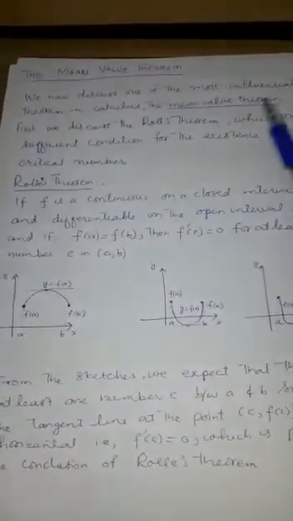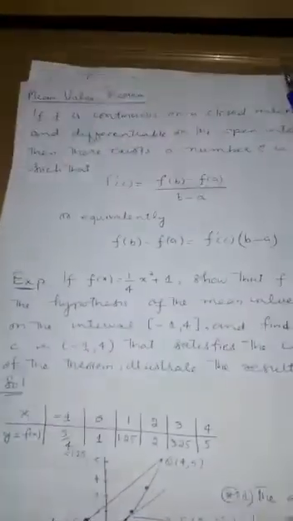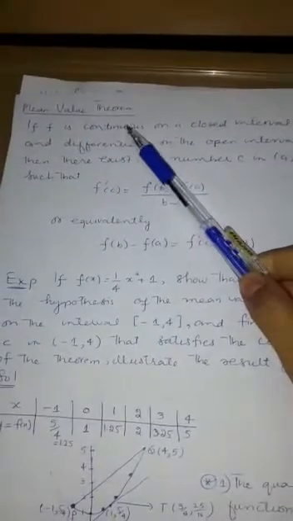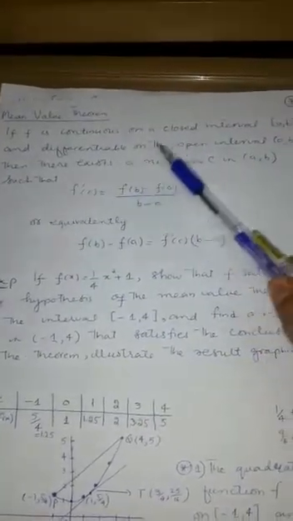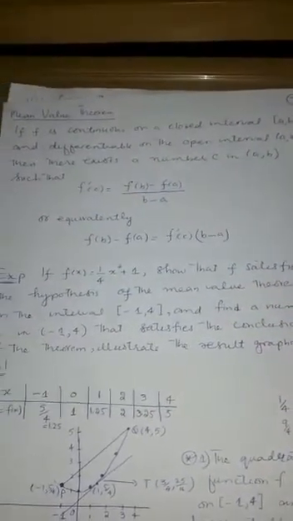Now we will come to another theorem, which is the mean value theorem. For the mean value theorem, the first condition is the same as Rolle's theorem: f must be continuous on a closed interval [a, b] and differentiable on the open interval (a, b).